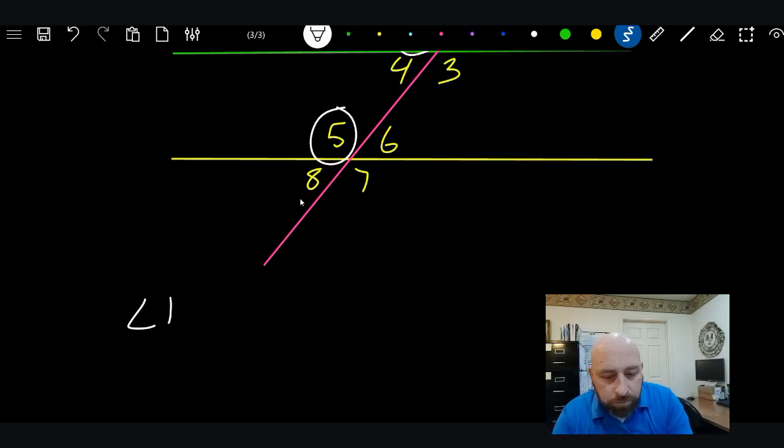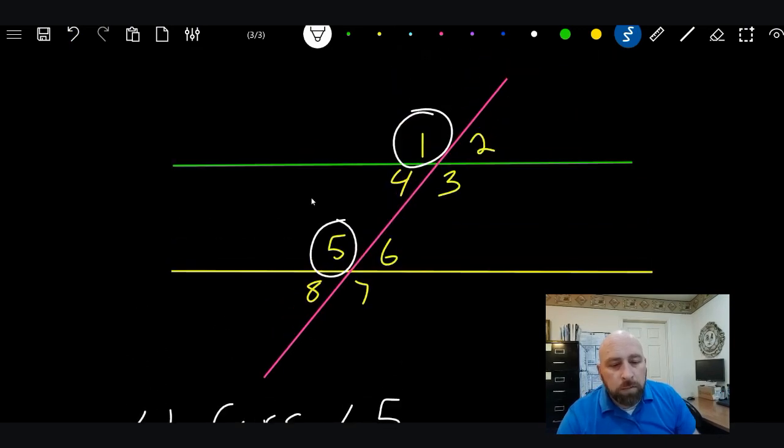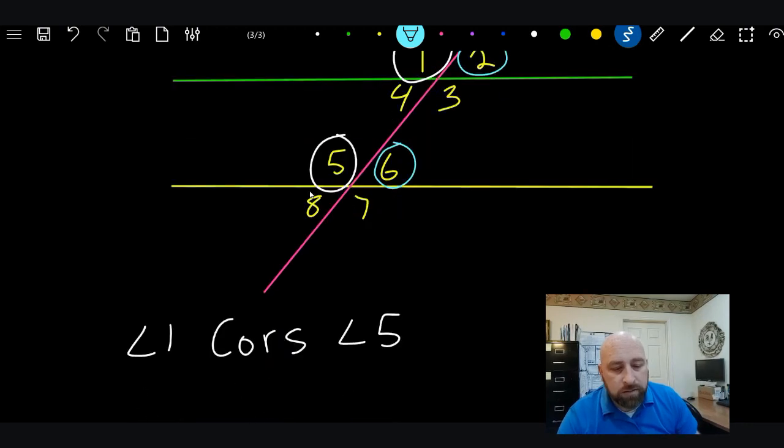Angle 1 corresponds with angle 5. Angle 2 corresponds with angle 6.